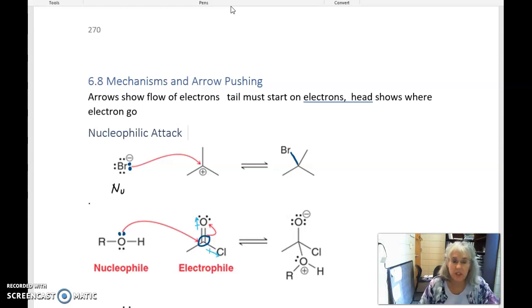So there's a deficiency of electrons here. It makes it an attractive target. So these electrons attack this carbon right here, and the result is, let me get the right color, this bond. So the electrons here that were a lone pair are now being shared with the carbon and making a bond.